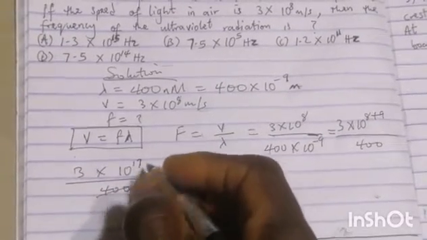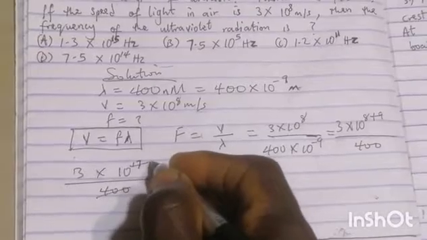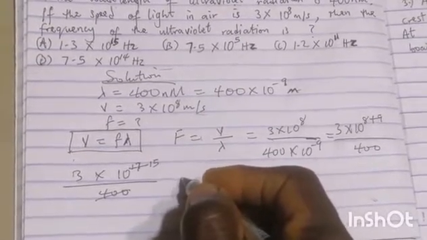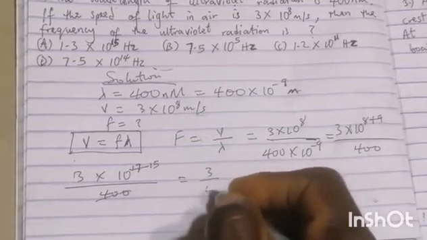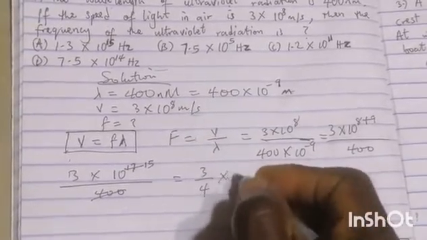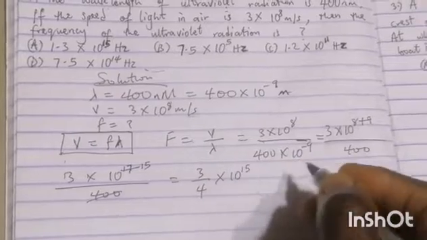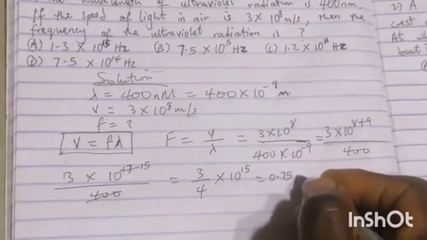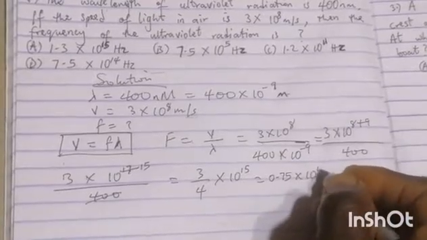If I cancel 2 zeros from here, it's going to give me 15. So that will be 3 over 4 times 10 raised power 15. So 3 over 4 will give me 0.75 times 10 raised power 15.